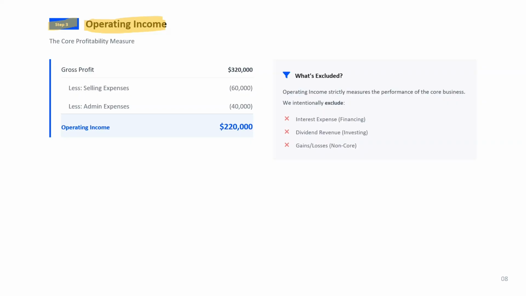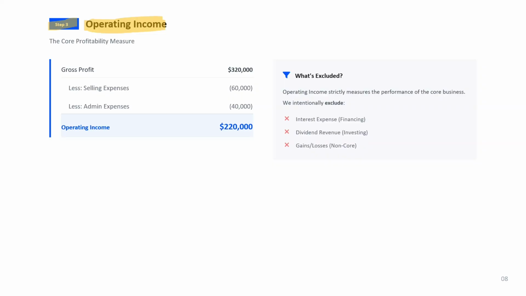It's a clean look at operational efficiency. And here we intentionally exclude financing costs like interest expense and investing items like dividend revenue. It's because they do not reflect the success of selling the core product. Operating income is the foundation before we consider those parallel activities.